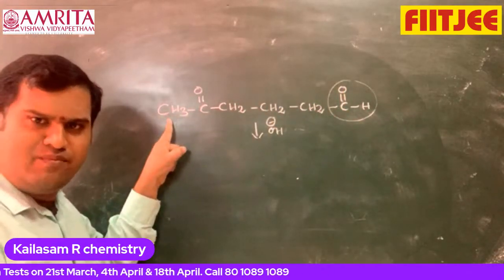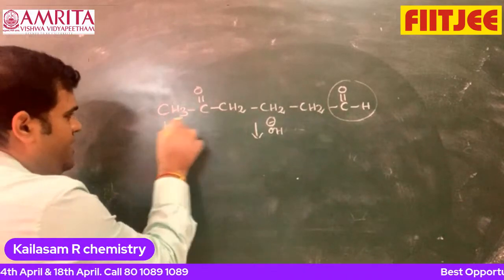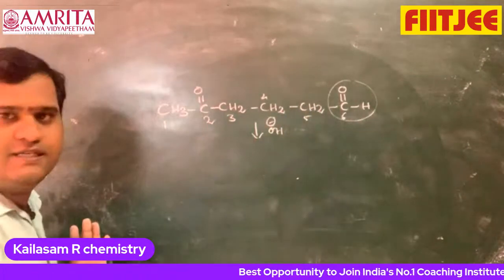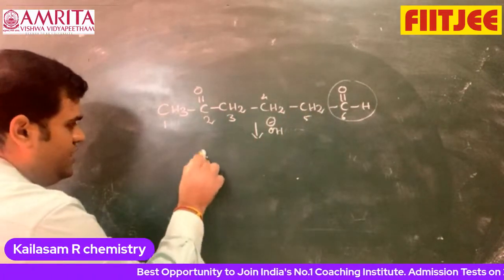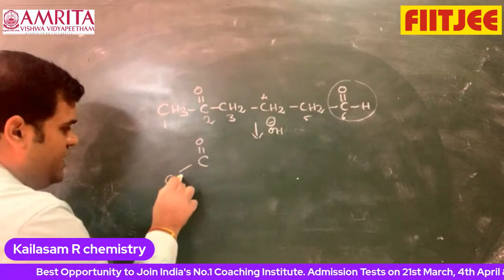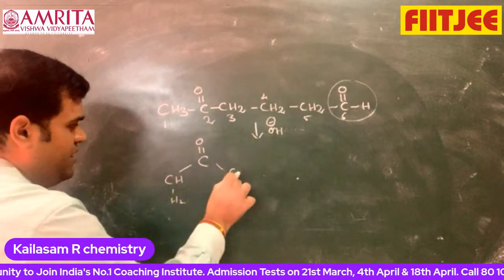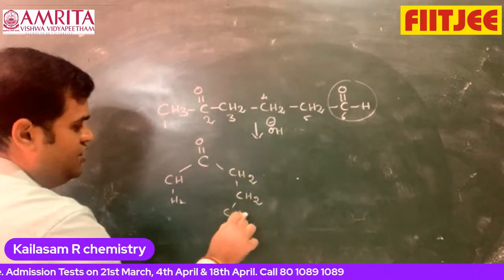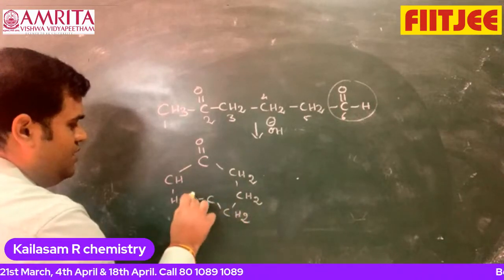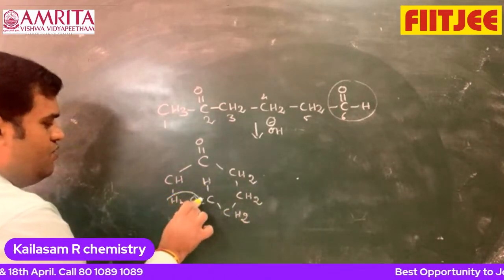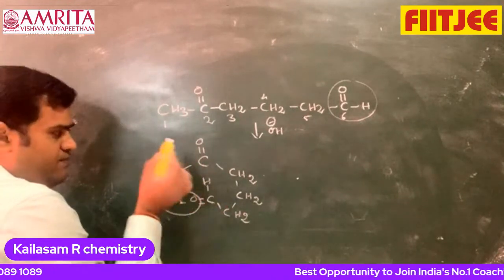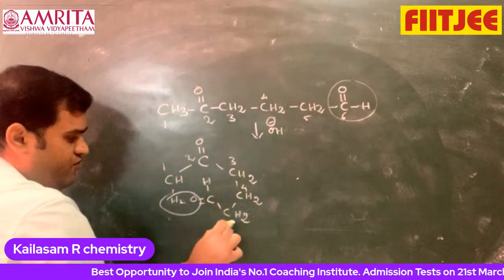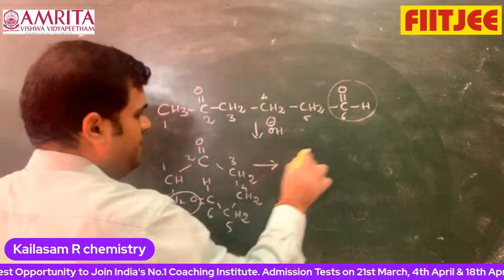Why? Formation of a 6-membered ring. Give the number. Look at this: 1, 2, 3, 4, 5, 6. Am I right? Now what am I going to do? C double bond O, I am writing as CH2, CH2, CH2, CH2, C double bond H. Now give the number: 1, 2, 3, 4, 5, 6-membered ring is formed.